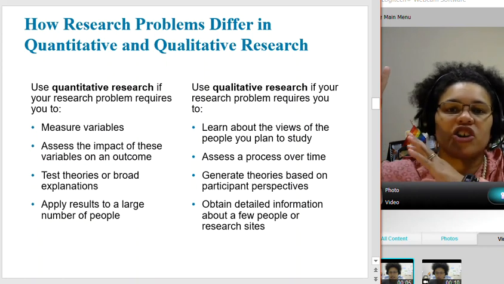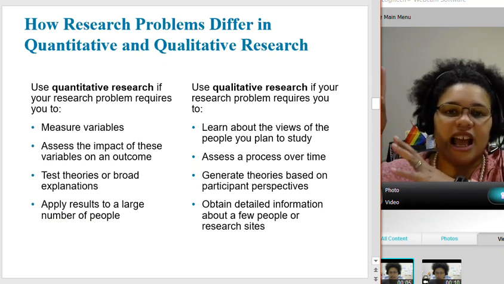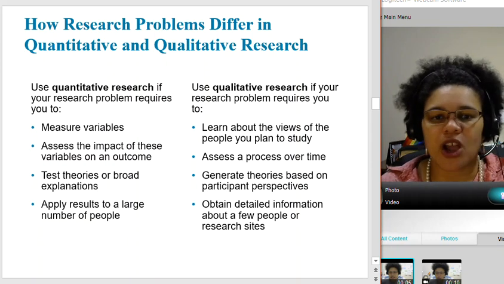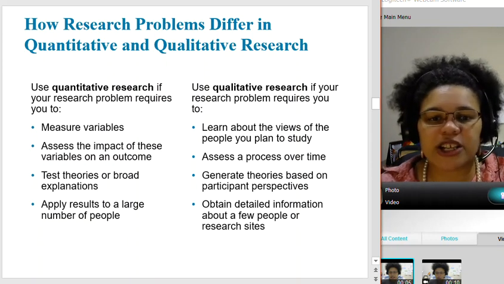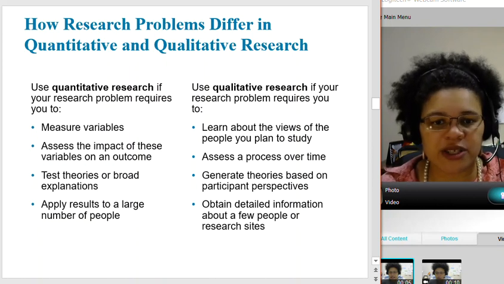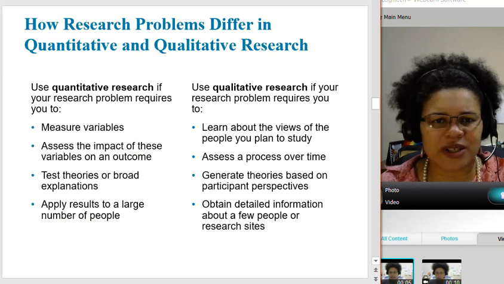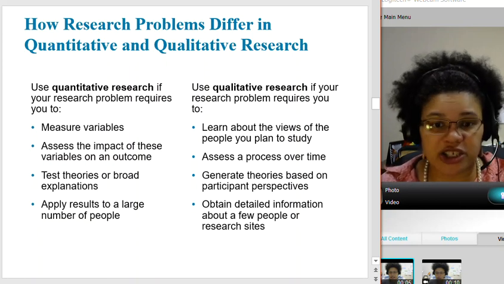And interpret, understand how people are interpreting the circumstances of their lives, right? I'll say, so you use quantitative research if your research problem requires you to measure variables, assess the impact of these variables on an outcome. Okay? We're not going to be doing much with testing theories or broad explanations.